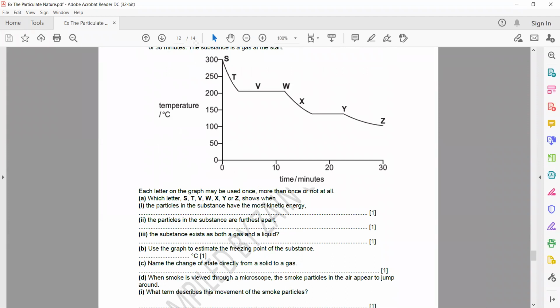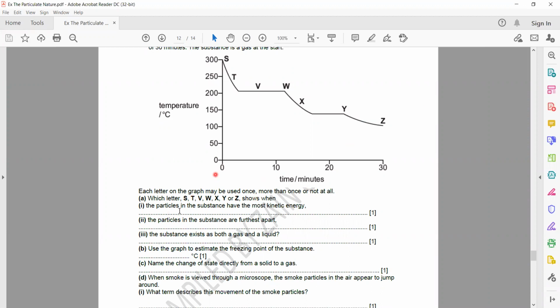They mention each letter on the graph may be used once, more than once, and not at all. So the letters which are given here are S, T, V, W, X, Y, and Z. You can use them once or twice, or you may not use them at all.